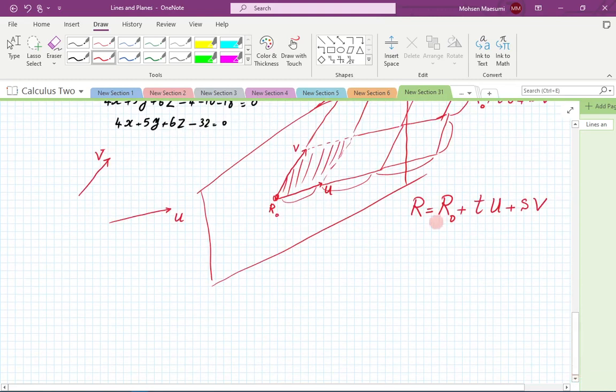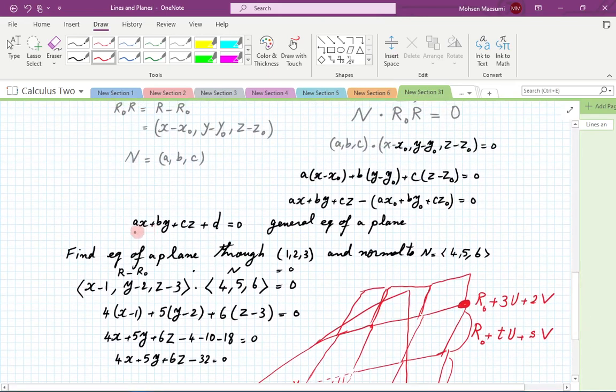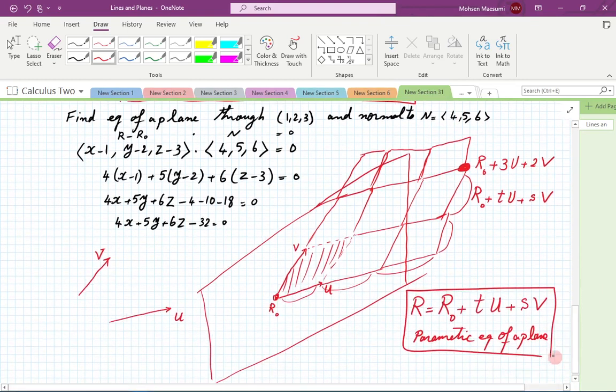So this is the parametric equation of a plane. In general, the XYZ form is quite more common because people are used to XYZs all the time, but a description that is neater and cleaner is this one. This is the parametric equation of a plane.